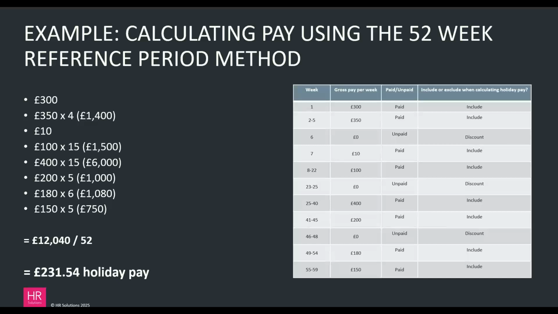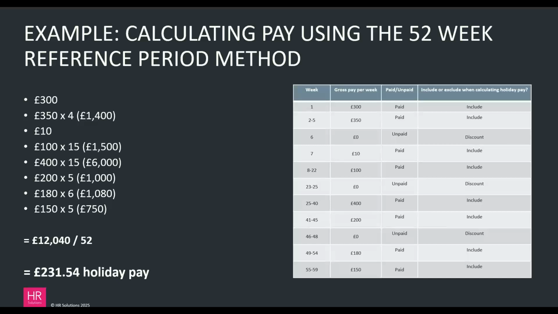You count week 7, so they got this £10. You then look at 15 weeks where they received £100, totalling 1,500. So there you can see on the table 15 weeks where they're getting money. Essentially, over those 52 weeks in that table, they've earned £12,040.